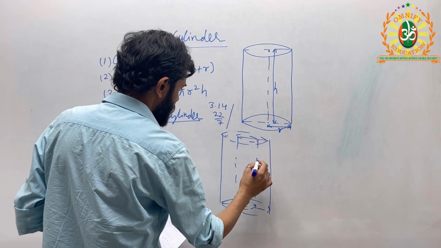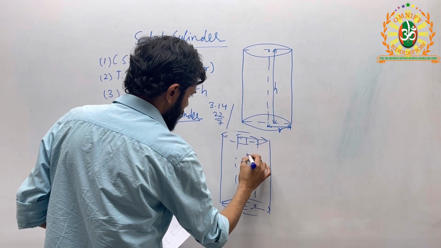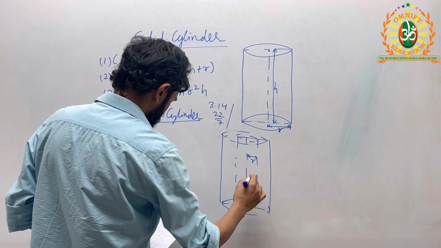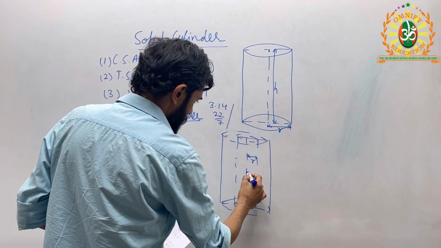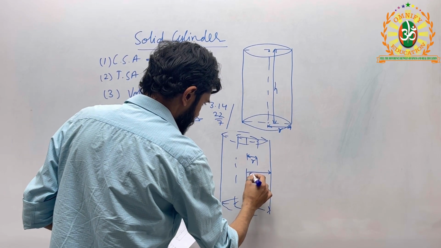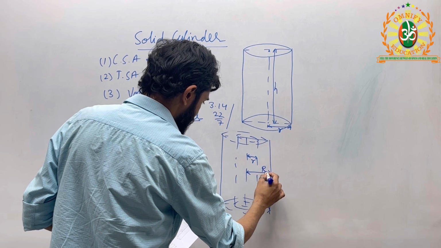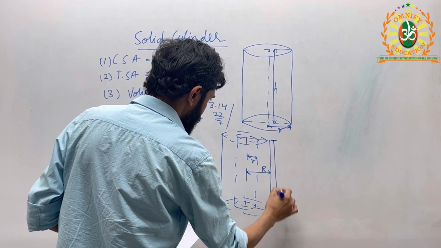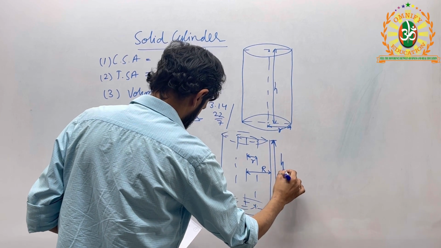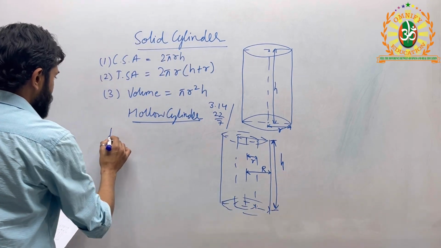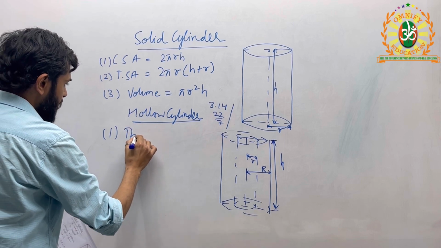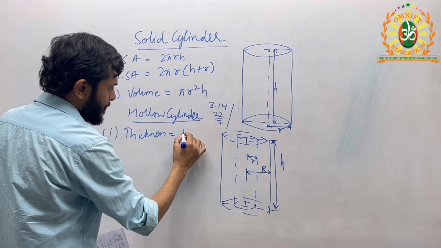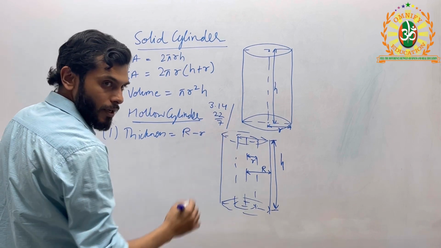So in this case, this would be small r, the radius of the inner cylinder, and this would be capital R, the radius of the outer cylinder, and this is the height h. The thickness would be capital R minus small r.